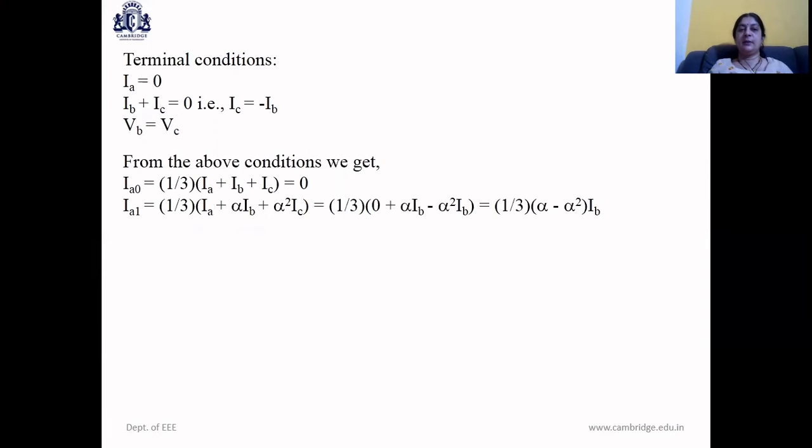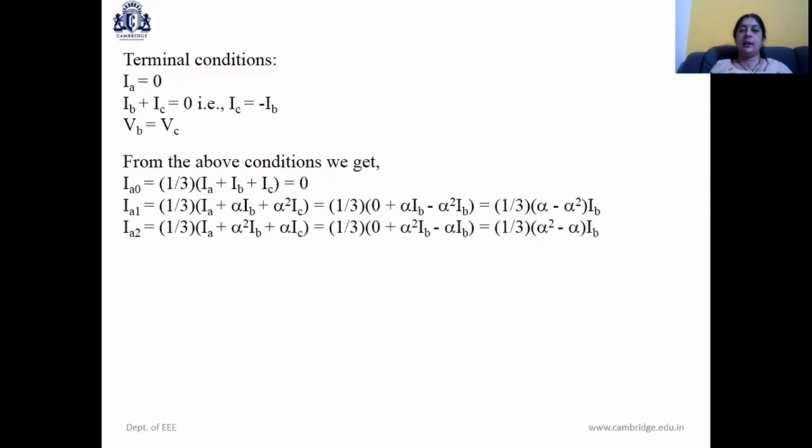IA1 is 1 by 3 times of IA plus alpha IB plus alpha square IC. IA is 0. Alpha IB minus alpha square IB because IC is equal to minus IB. So taking common out the value of IB, we get IA1 to be equal to 1 by 3 times of alpha minus alpha square IB.